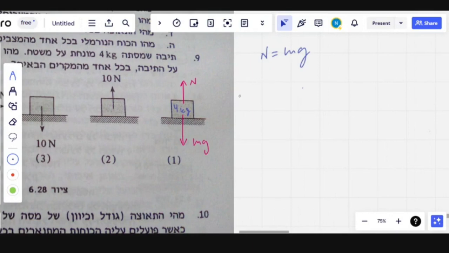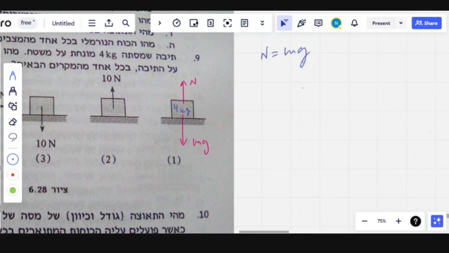When we talk about weight in daily life, when I say my weight is 80 kilograms, it's not physically true. In physics, my mass is 80 kilograms, not my weight. The weight is the force, which is mg, the mass times the constant g. So the mass is 4 kilograms, and the constant g is 10, or 9.8.